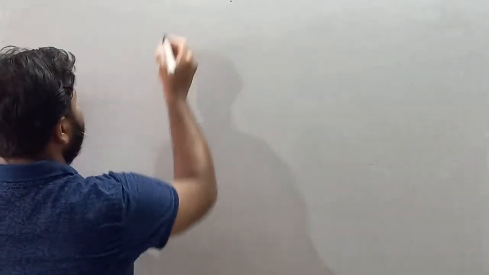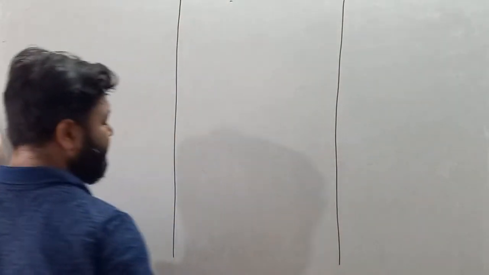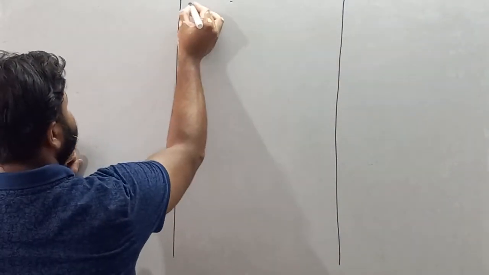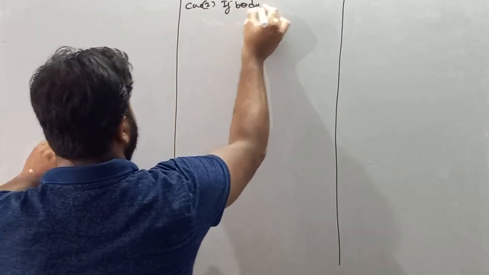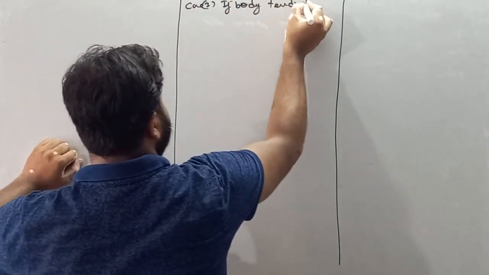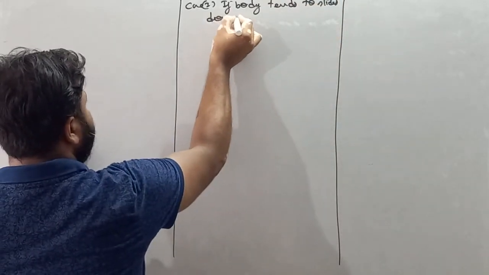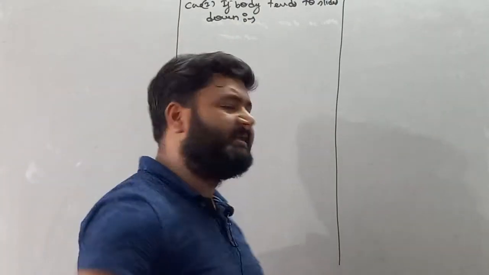So in banking of road we'll discuss case first, if the body tends to slide down. See, my dear student, banking means making an inclined plane.